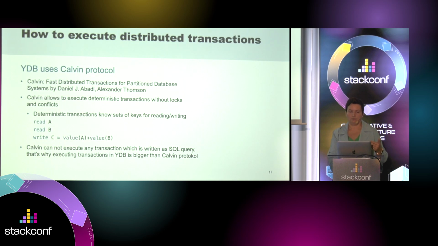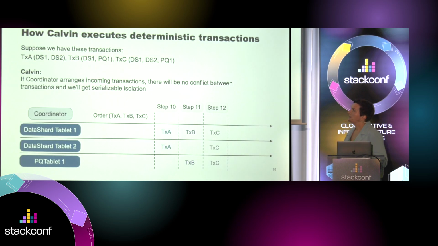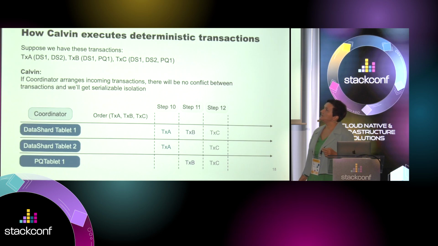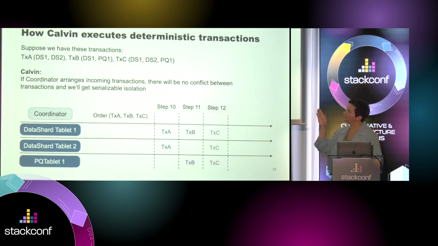So, to execute deterministic transactions, the coordinator arranges incoming transactions, and if it arranges them in a row and every transaction is executing on its own step, then we'll get serializable isolation. So suppose we have these transactions.